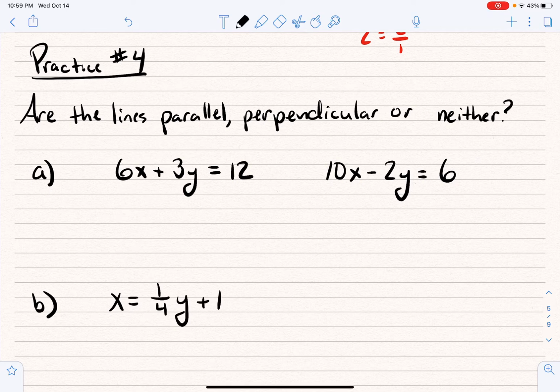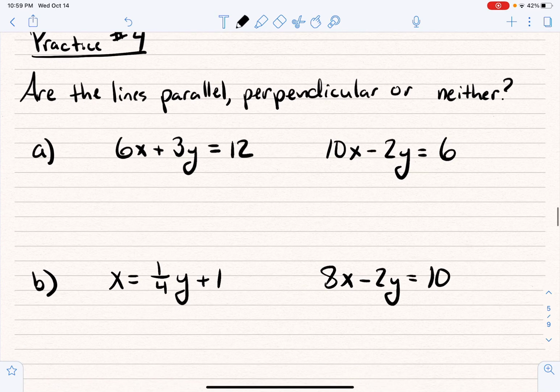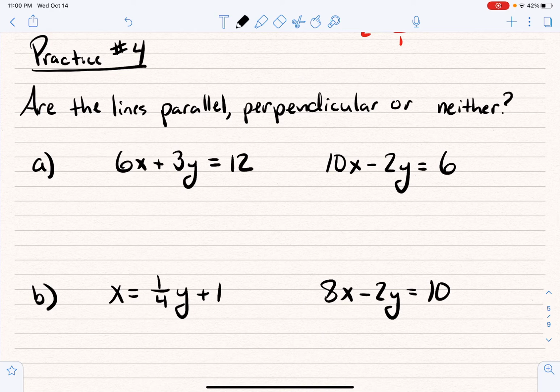And the other one is, how about 8x minus 2y equals, not 8, equals 10. Okay, go ahead and solve these, put them in slope-intercept form so you can look at the slopes and figure out whether they are parallel, perpendicular, or neither. And we'll talk about them in just a second, so we can pause the video right here and we'll get it started again in a few minutes.